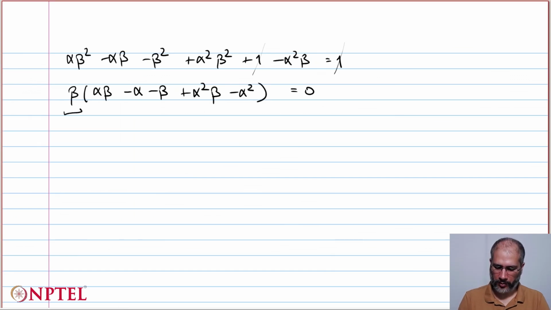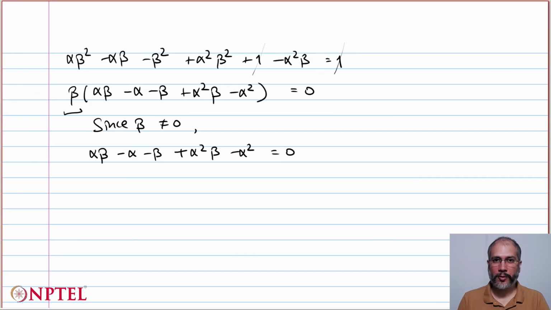So beta cannot be 0. So this equation has to be true, which will give us the relationship between alpha and beta.